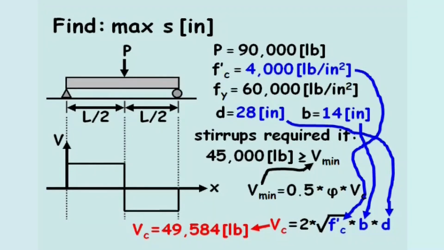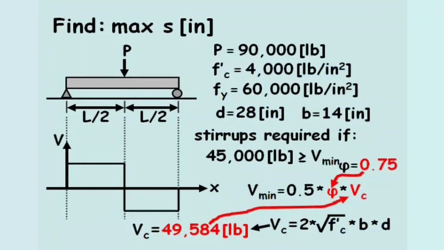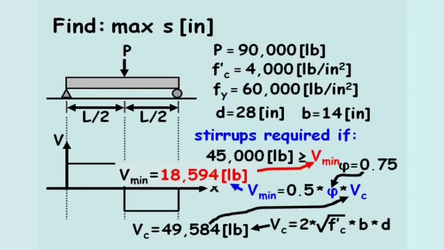Plugging in this value for variable Vc and 0.75 for phi, the minimum shear, Vmin, equals 18,594 pounds. Therefore, we know that stirrups are required to resist the applied shear force in the beam.